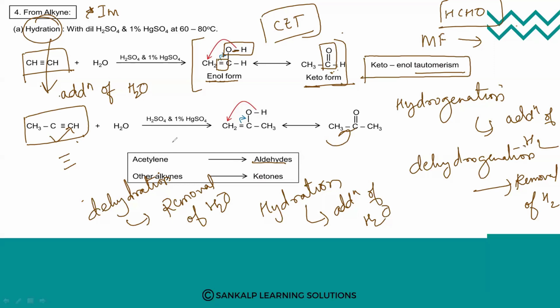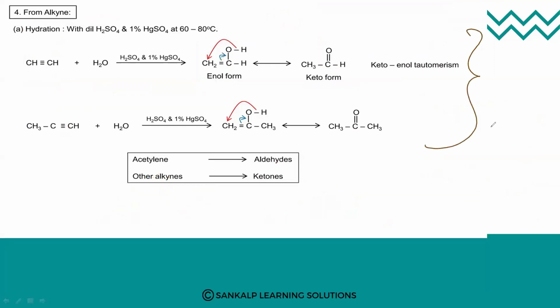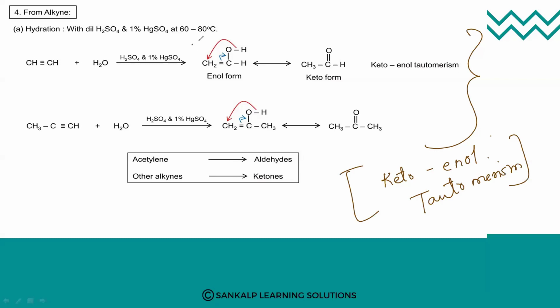This example and the explanation we will see in the next class. It undergoes ketoenol tautomerism, so the molecular formula will be the same. It has a double bond and an alcohol, and it can form a keto group also.